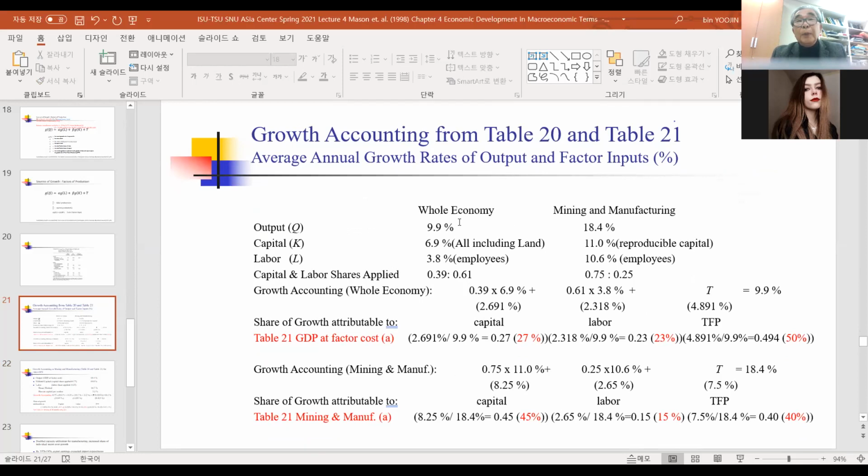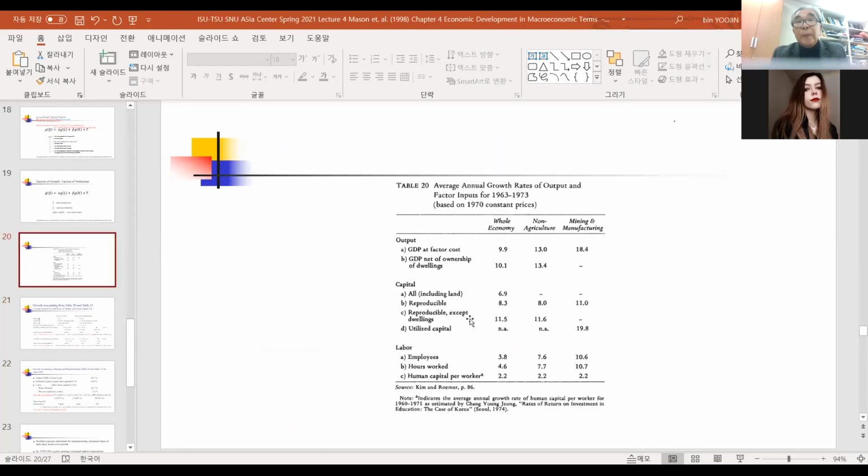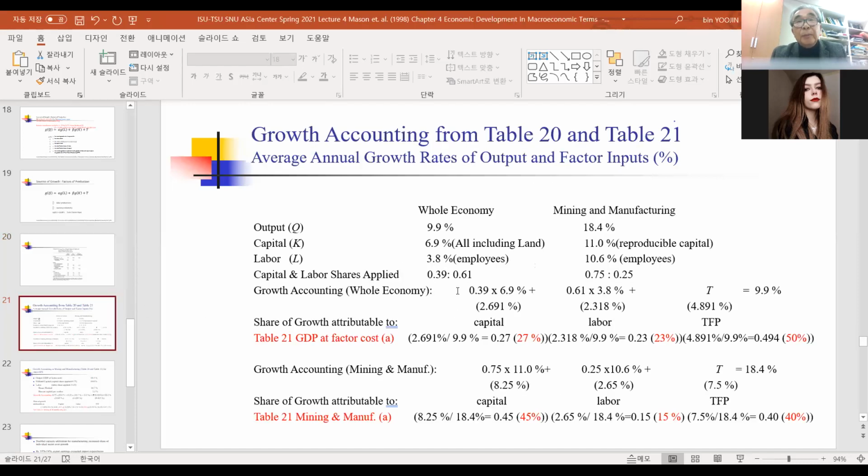Okay, what about the whole economy? 9.9%. You got this number. Capital, all including land, 6.9%. This table is quoting from this upper number, the A number, including land, okay? How about labor, 3.9%?